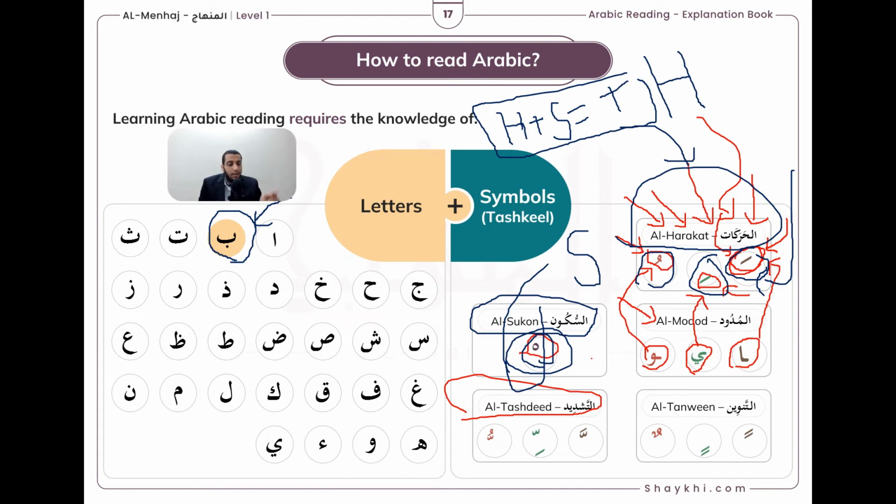This letter that has this shape is called letter B. But how can I pronounce this letter? I will say ba or b or bu or ban, or how can I say this letter? This is the role of the symbols. So these symbols guide us and help us to see how to pronounce this letter.